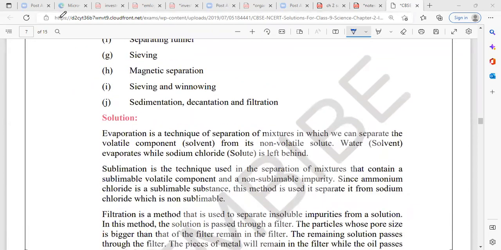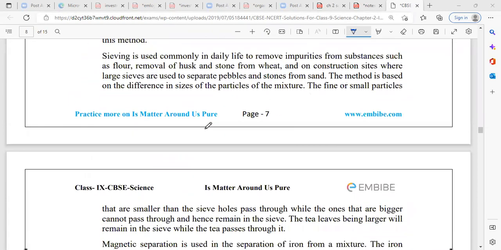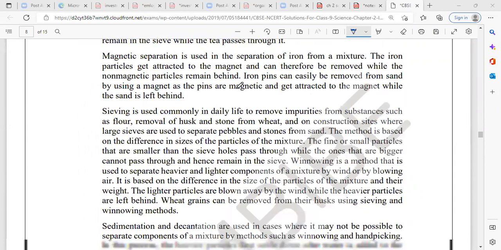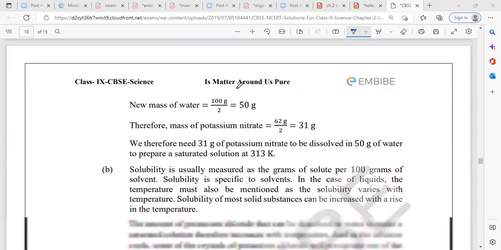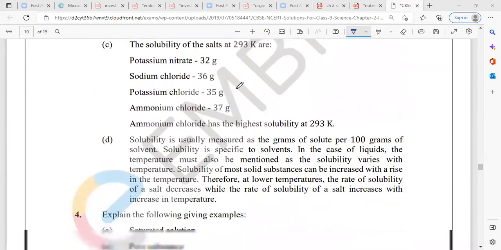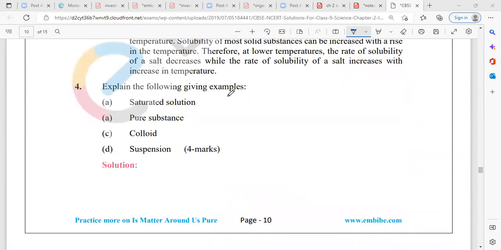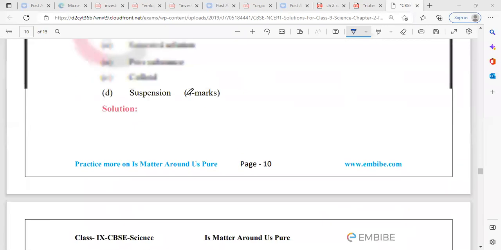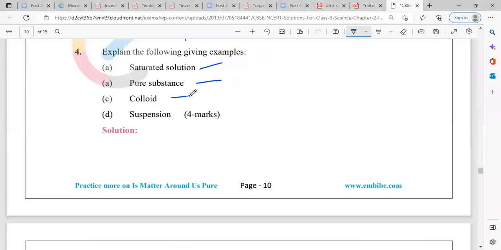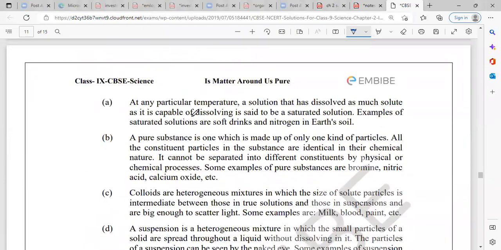Okay. Now coming to the next one. Okay, this is the write the steps. Not important. We already did this. We know saturated solution, pure substance, colloidal, and suspension already, right?